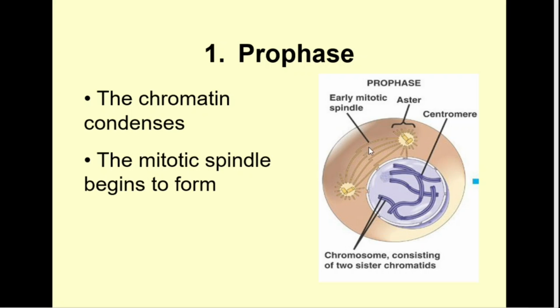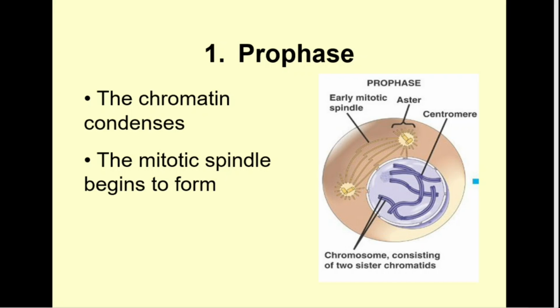And then what we can also see up here is a centrosome. And then down here we can see our second centrosome. So you remember that they replicated during G2 of interphase. And centrosomes are microtubule organizing centers. So if you remember, microtubules are part of the cytoskeleton.